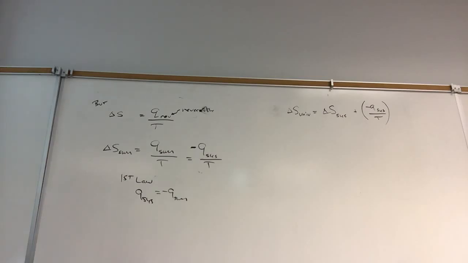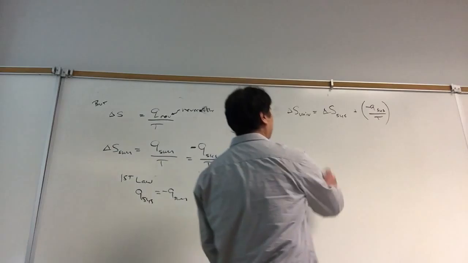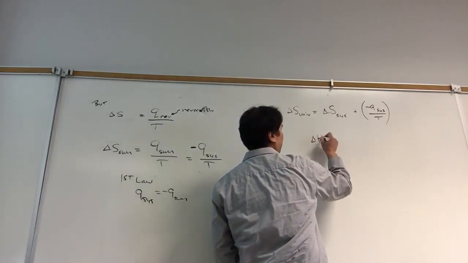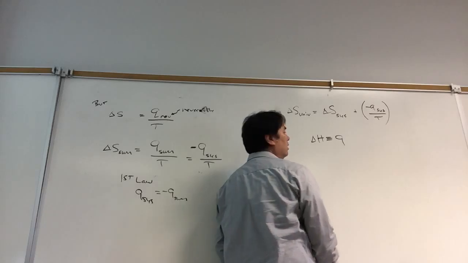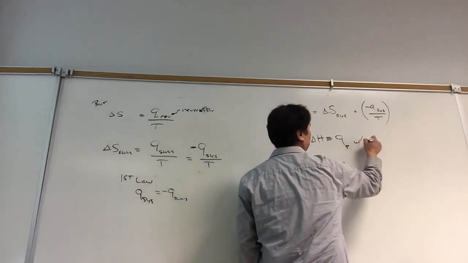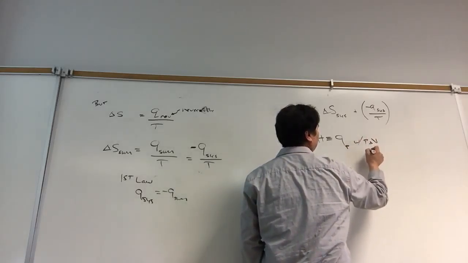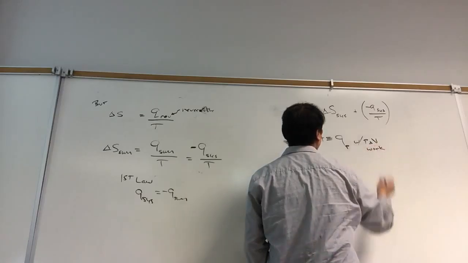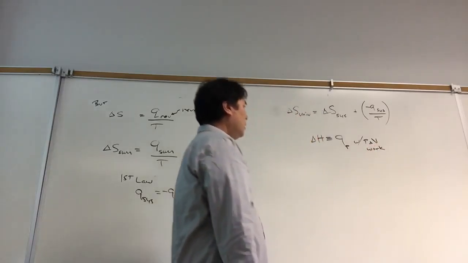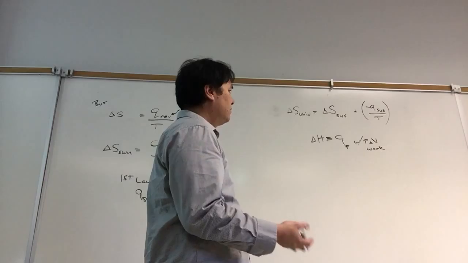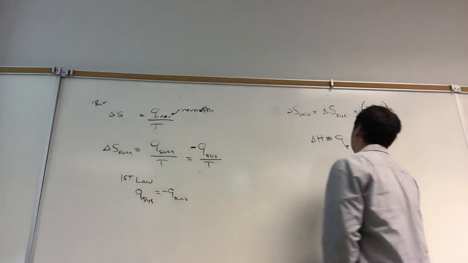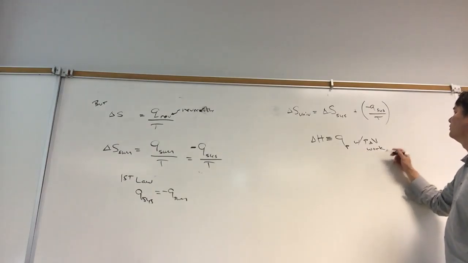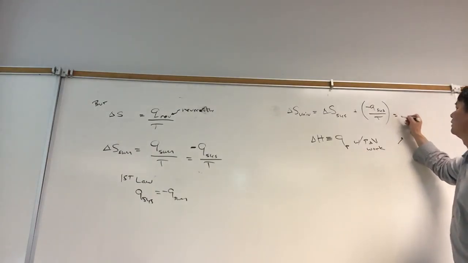In fact, what is the definition of delta H? Delta H is defined as the heat, right, under constant pressure with P delta V work only. And so this will always give me the same amount of heat, because I'm going to restrict the conditions I do the reaction under to constant pressure and P delta V work, and then we can substitute that here.